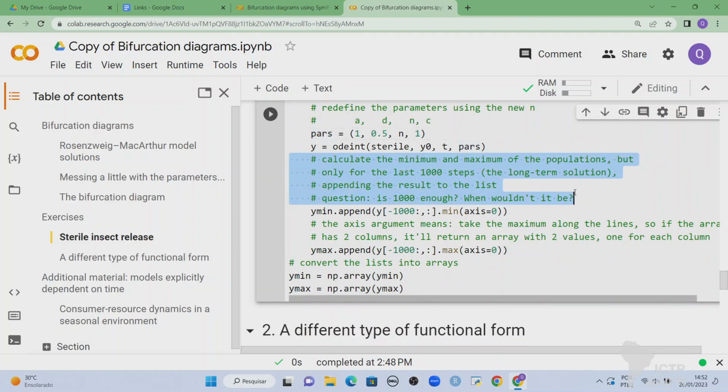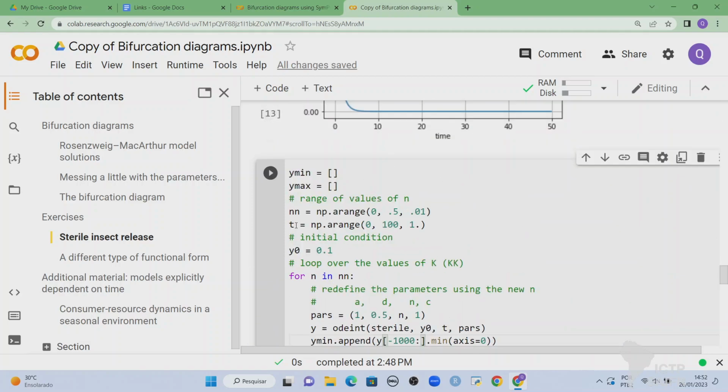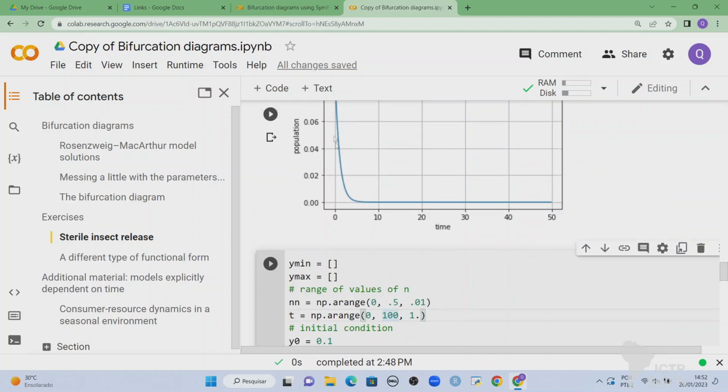And now, what do I want? Here the y has a single value, because this is a single equation, so I don't need the second index over here. How many points do I want? There are 100 time steps. I saw that after time 50 it's already okay, but I would just look at the last 30 points, after a time of 70.